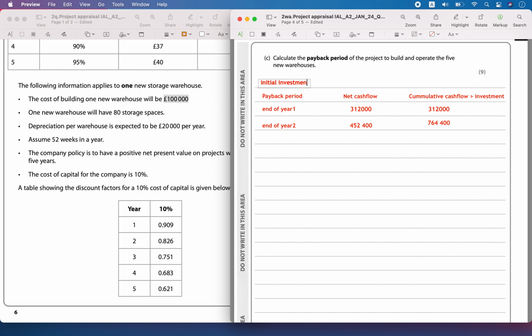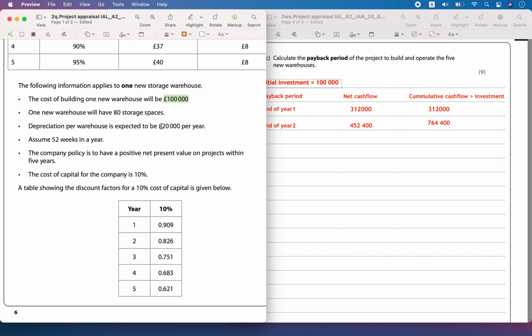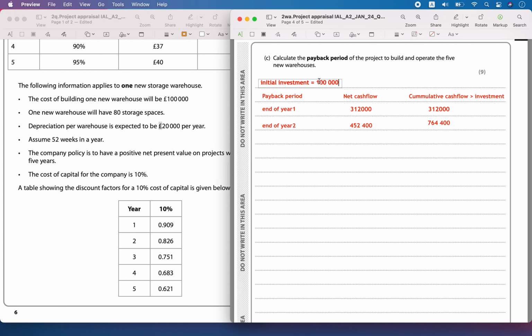The initial investment for the project for 5 warehouses was 500,000 pounds. So here you can see that 764,400 is already greater than the 500,000 pounds investment. So you will stop at this point because you have already recovered.